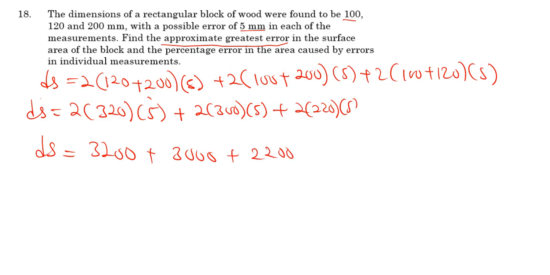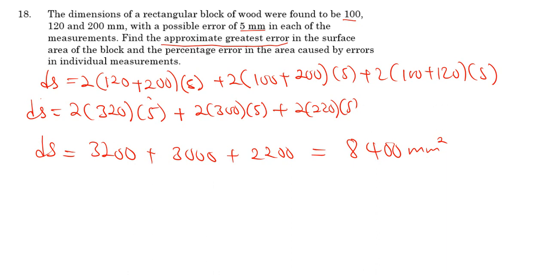You add everything together, you're going to get 8040 millimeters. So this here is the greatest approximate error in the surface area, of course squared like this, because you're dealing with the area.